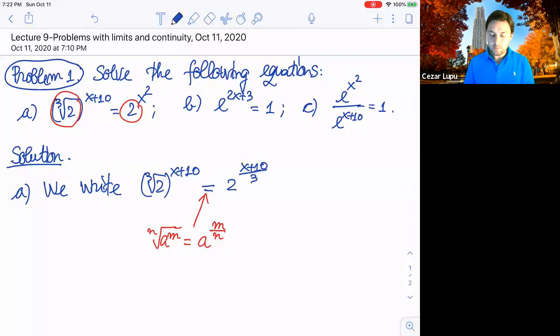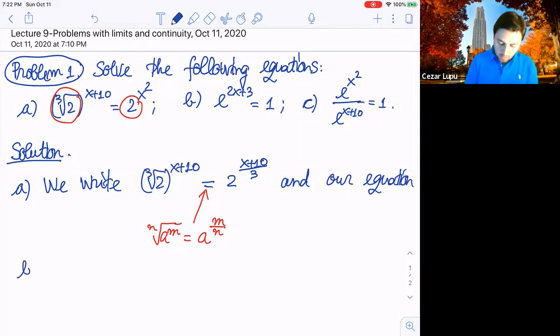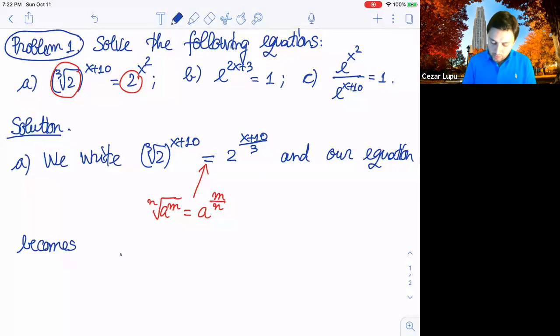Once we have this, our equation becomes the following: 2 to the power x plus 10 over 3, everything over 3, equals 2 to the power x squared.